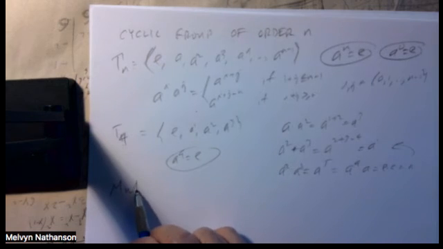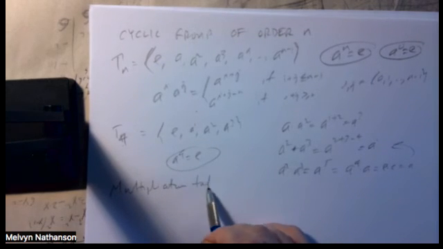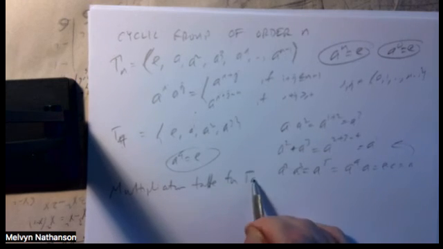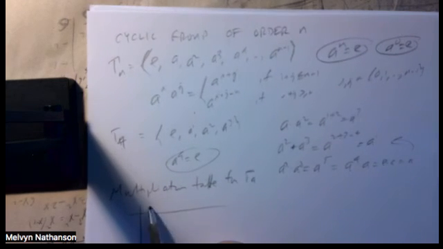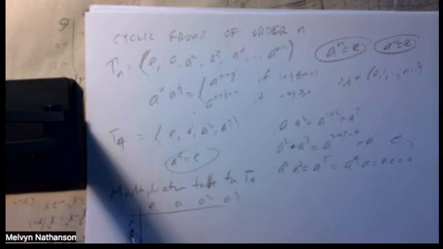Now we can write down the multiplication table for this group. So I have e, a, a squared, and a cubed along both the rows and columns.